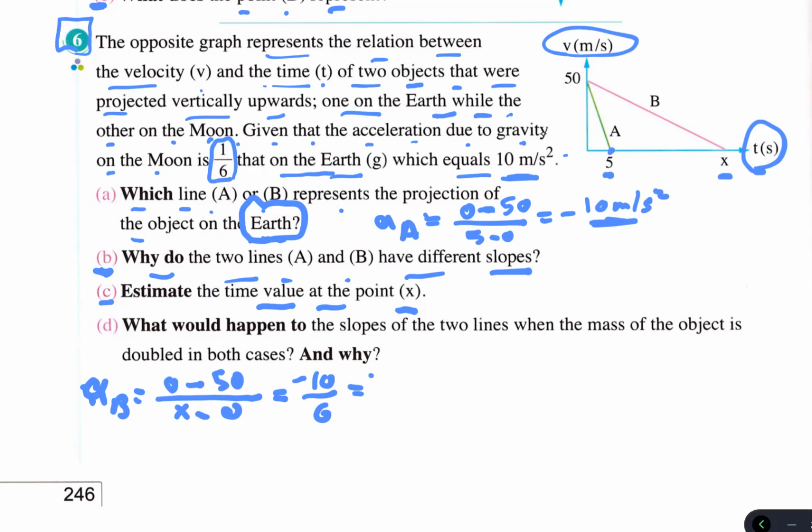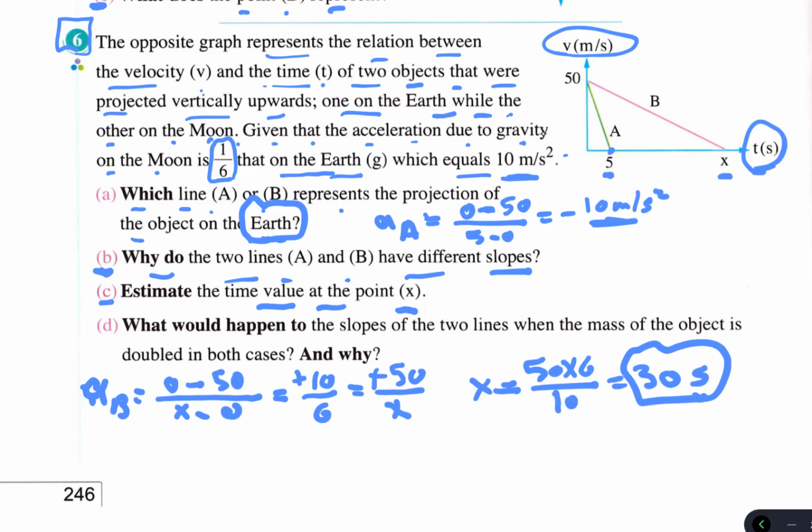So negative 50 over x equals negative 10/6. Negative goes with negative, so x equals 50 times 6 over 10, which equals 30, and the unit for time is second. So we got it: the time at point X.